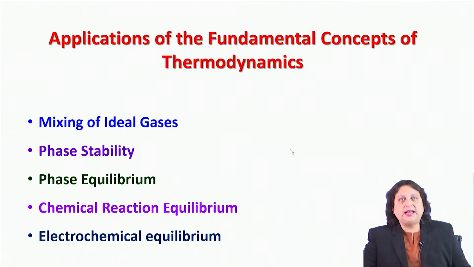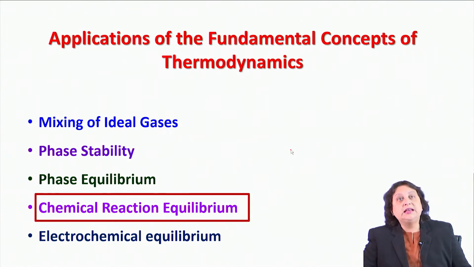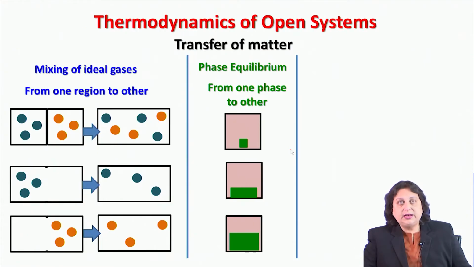Now, in today's lecture, we will discuss the chemical reaction equilibrium. So let me put you in the same perspective of how we plan to use the concept of transfer of matter for a chemical reaction.